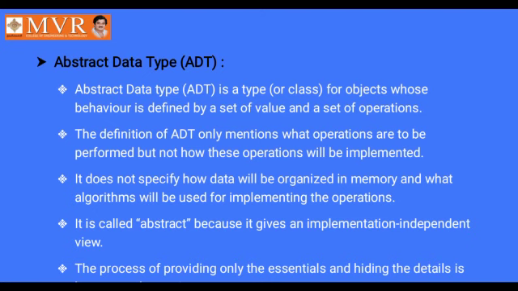Now coming to abstract data type. This abstract data type is also known as a user defined data type or programmer's own data type. That is, in any programming language we have some basic data types, that is int, char, float, double, etc. But our program requires another data type that is not available in the built-in or fundamental data types.